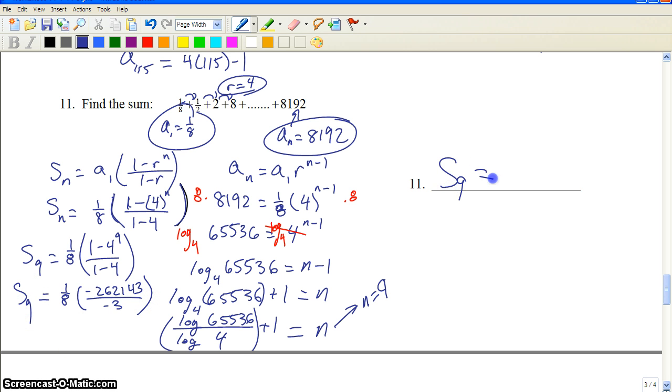S sub 9 is going to equal 1/8 times negative 262,143 divided by negative 3. It's going to be 10922.625. So that will be the sum of all of those terms.